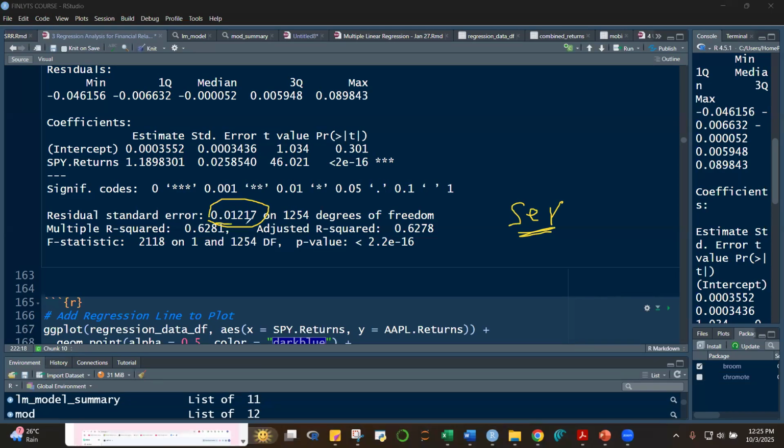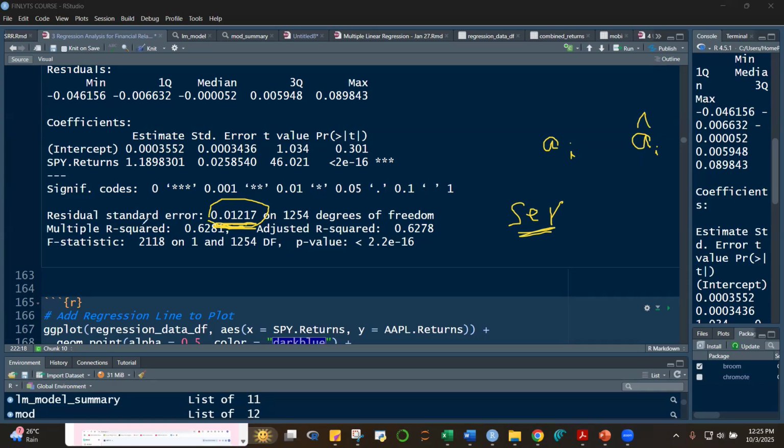So it's telling us that on average, there's a 0.01217 difference between your actual Apple returns and your predicted Apple returns. Remember, you're using SPY returns in order to predict Apple returns.